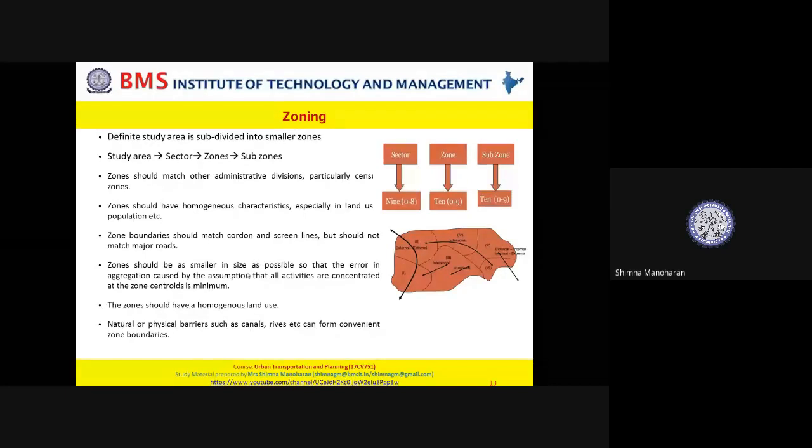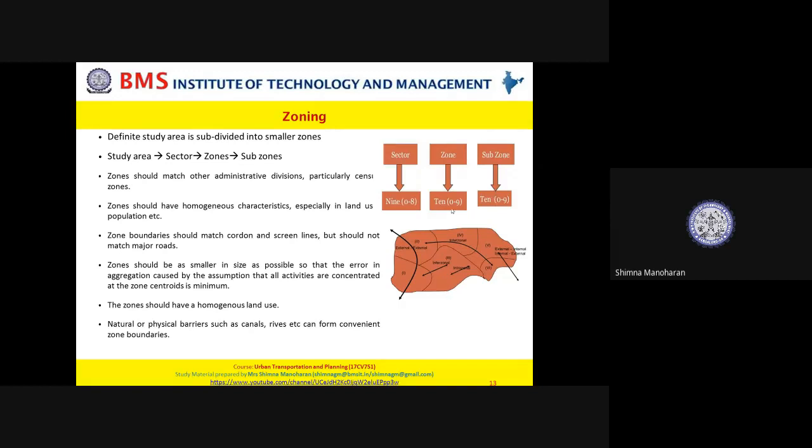Then the zone should be smaller in size. Why? Because only then the error that comes in surveying can be minimized. If the area is large, the error will be huge, and that will be extrapolated to the larger area. So it's always better that the zones you choose are smaller.